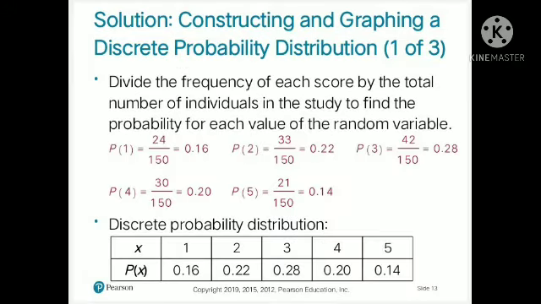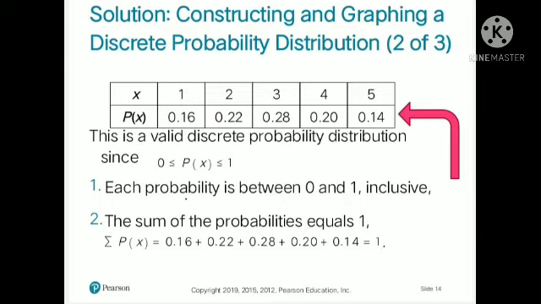So divide the frequency of each score by the total number of individuals in the study to find the probability for each value of the random variable. So P of 1 is 0.16, P of 2 is 0.22, P of 3 is equal to 0.28, P of 4 is equal to 0.20, and P of 5 is equal to 0.14.